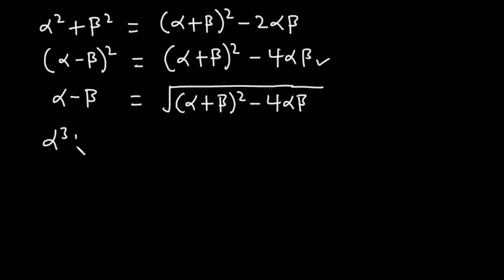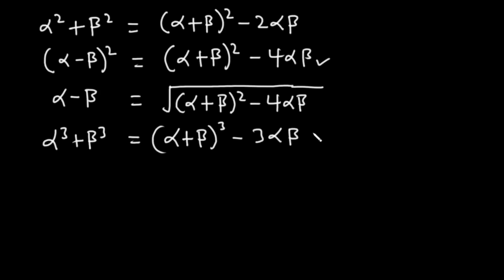Alpha cube plus beta cube is equal to alpha plus beta all cube minus 3 alpha beta times alpha plus beta. And then if you have alpha cube minus beta cube, now note the difference.